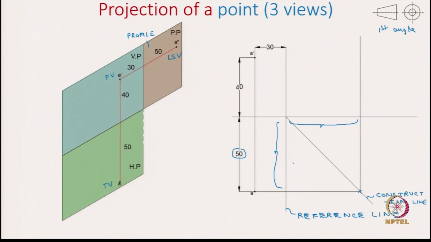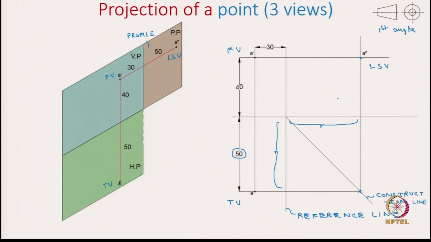So, now once we draw another projector line from the front view, we know the intersection of these two projector lines will give you the side view. So, side view we are representing with A double prime. By this we are able to show the front view, top view and the left side view of a single point by using the first angle projection.